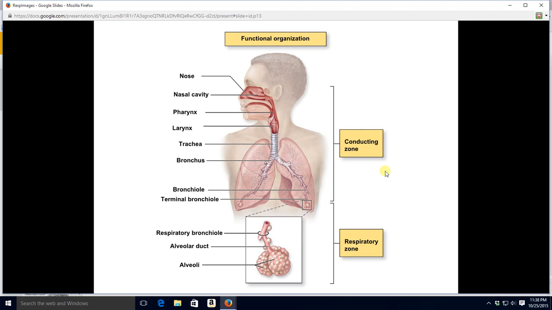Respiratory zone is where you do exchange of gases, by the way. Conducting zone, just transport. And the respiratory zone, we've got our respiratory bronchioles, our alveolar ducts, and our alveoli. We're going to go through all these guys.